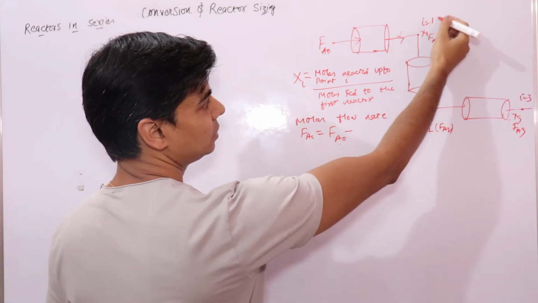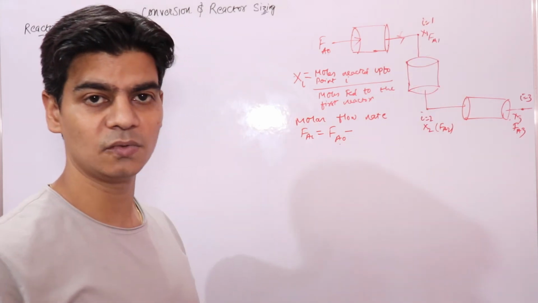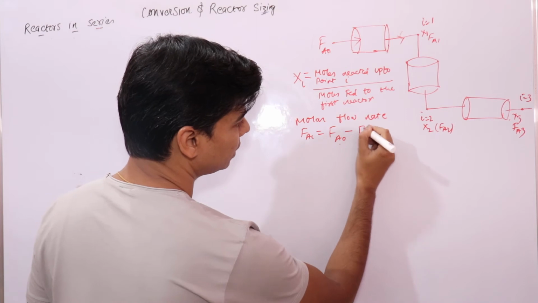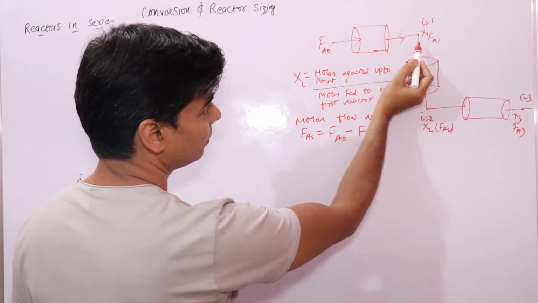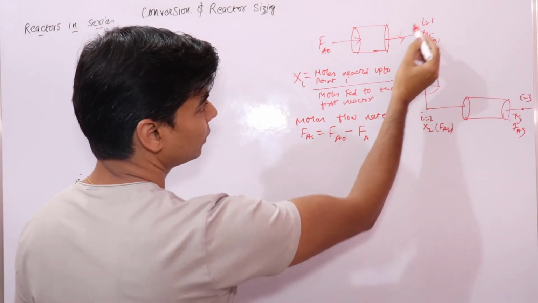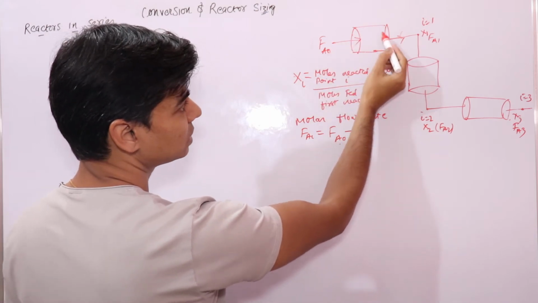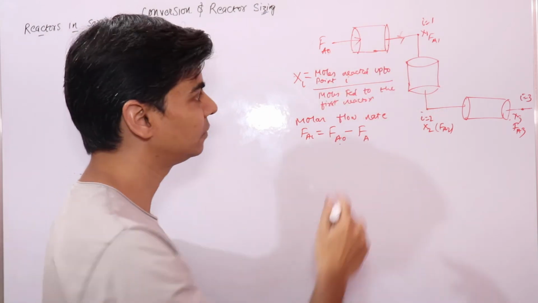If we are calculating the molar flow rate at point i equals 1, what is coming out from here would be this minus what is reacted inside the first reactor.